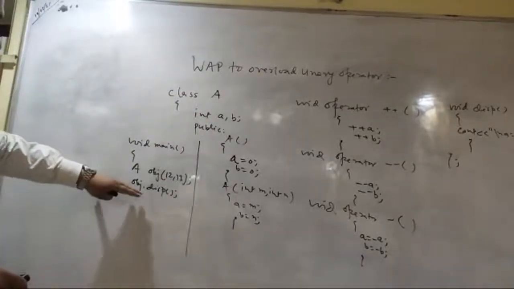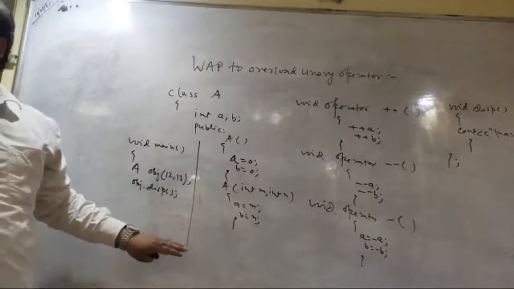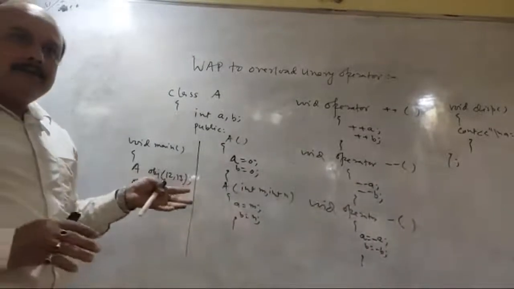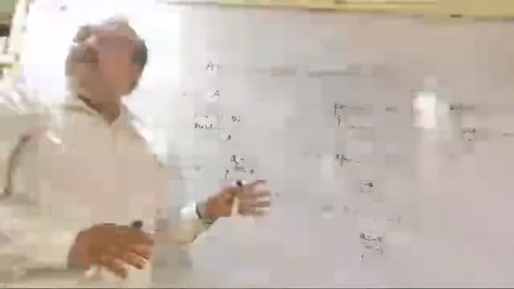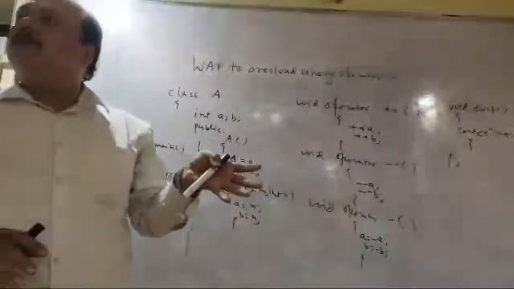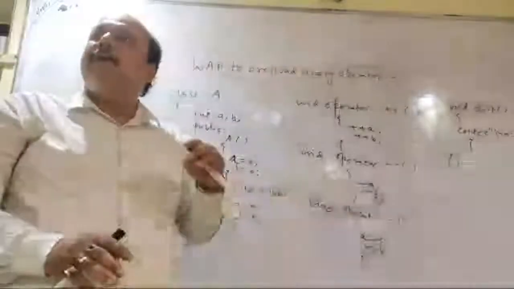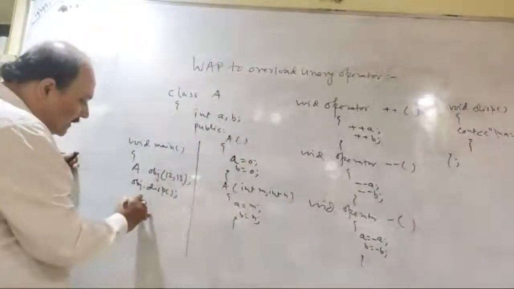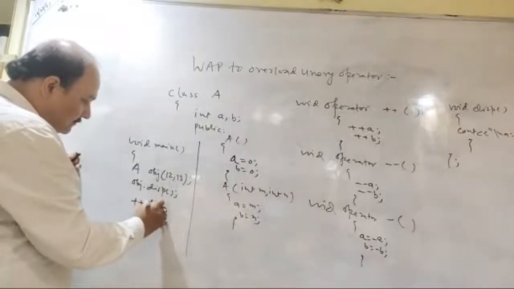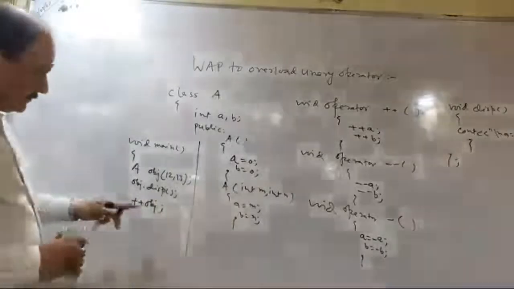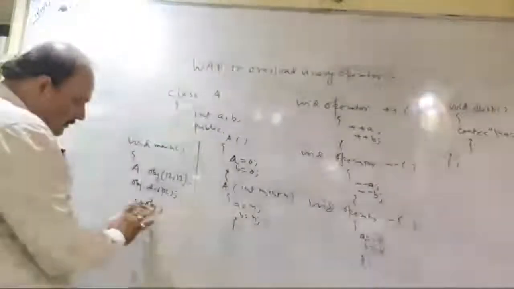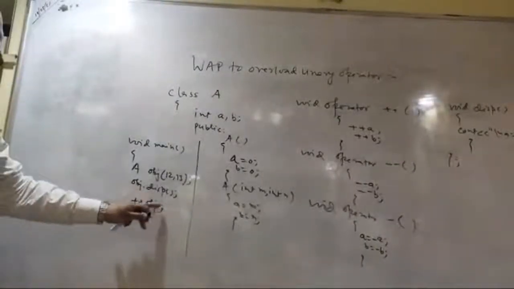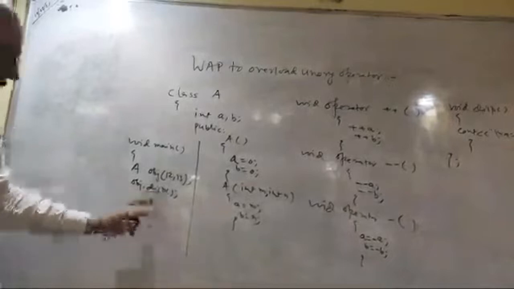Now after that we think about the overloading. Right now A contains 12 and B contains 13. Now we want to increment the content of the object by a factor of 1. So what we have to do, we just write plus plus obj.